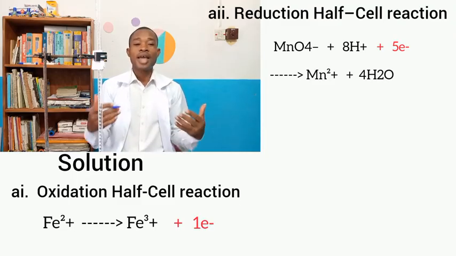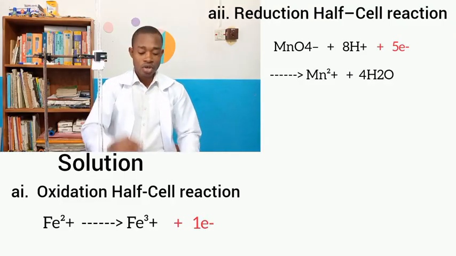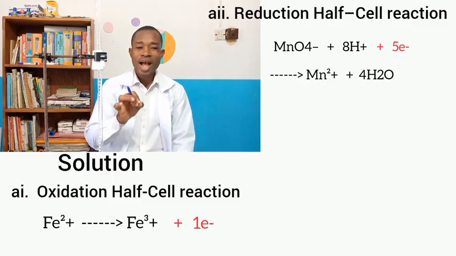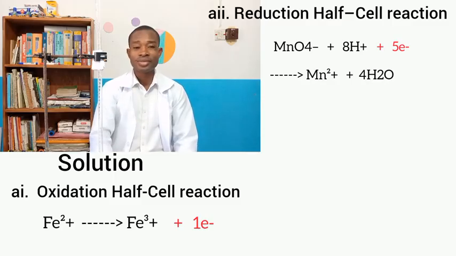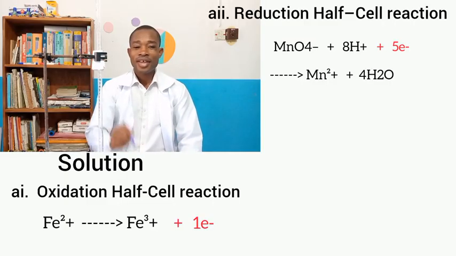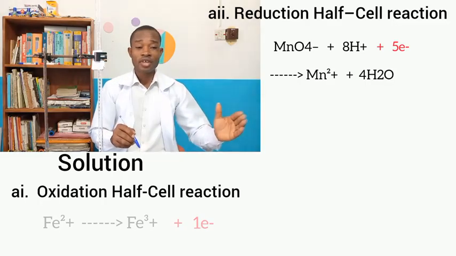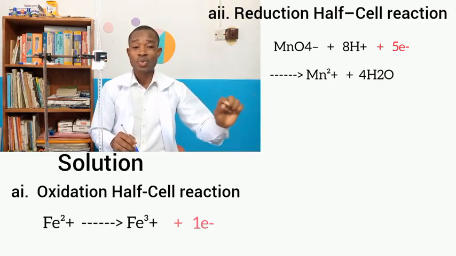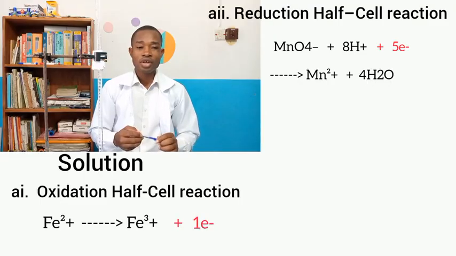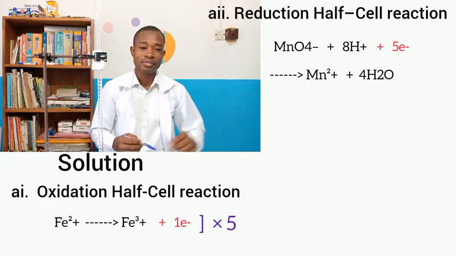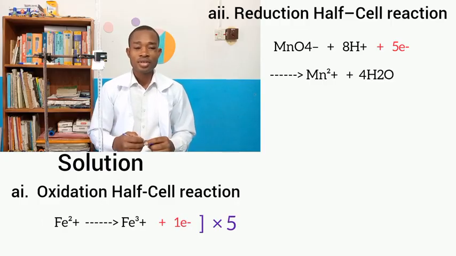So to achieve this, watch as you observe on the screen, I am going to write out the oxidation half-cell reaction equation. We have iron 2 ion, which goes to product, giving us iron 3 ion plus 1 electron. Now what we are going to do is to multiply this oxidation reaction equation by 5. Why are we doing this?